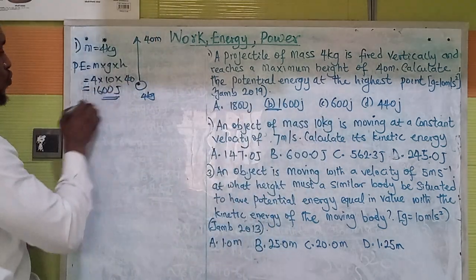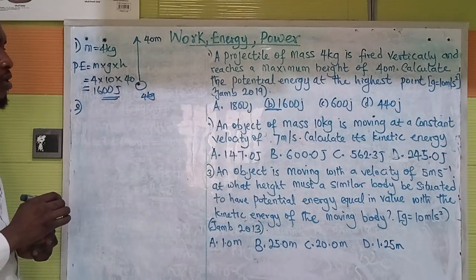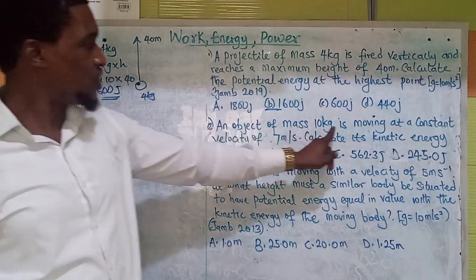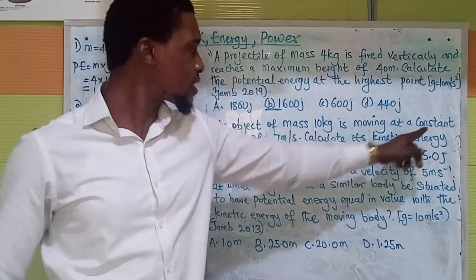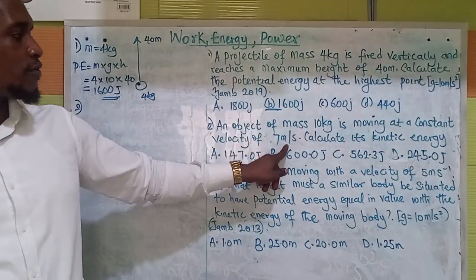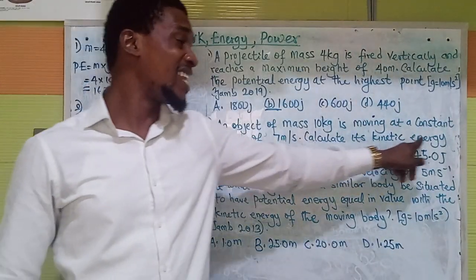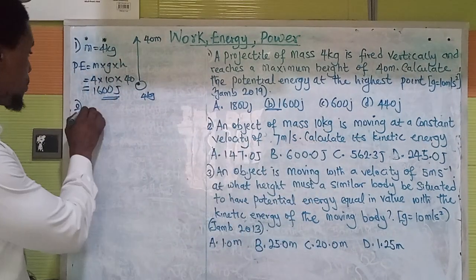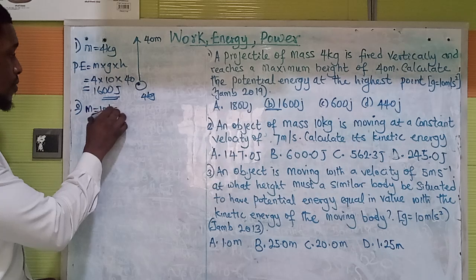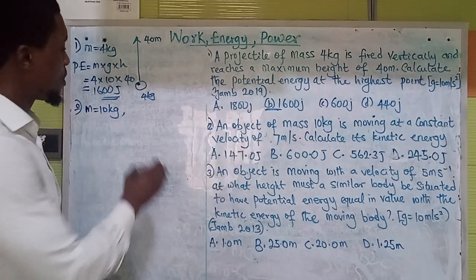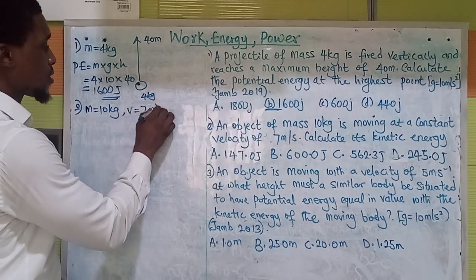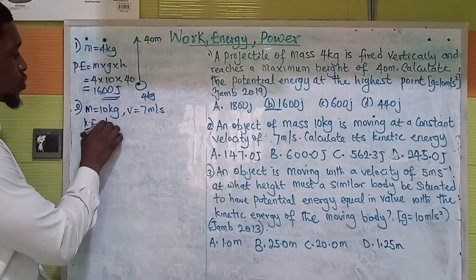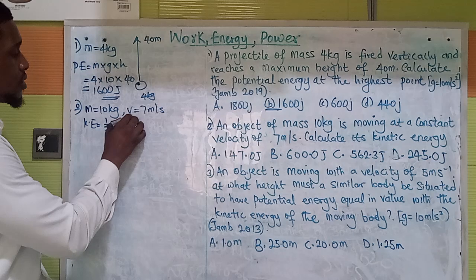Number 2 says, an object of mass 10 kg is moving at a constant velocity of 7 meters per second. Calculate its kinetic energy. We're given mass of 10 kg and velocity of 7 meters per second. The kinetic energy is equal to half m times v squared.